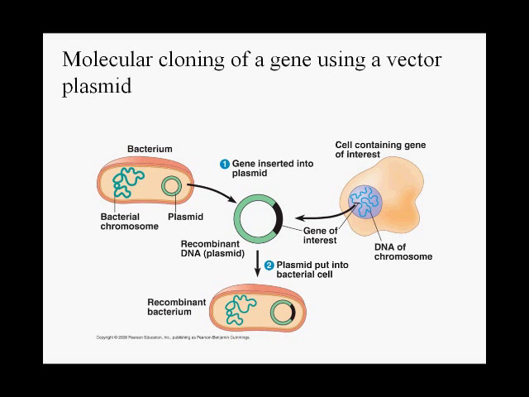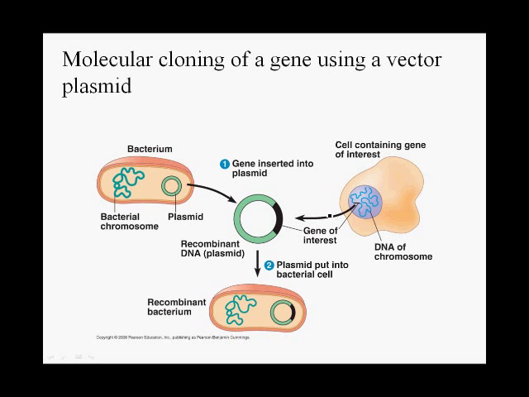When people talk about recombinant DNA technology, they're usually talking about what we call molecular cloning of a gene. The whole idea behind molecular cloning is that you take a gene of interest, which is basically a segment of DNA, and you're going to somehow isolate it from the rest of the DNA in a particular cell or organism.